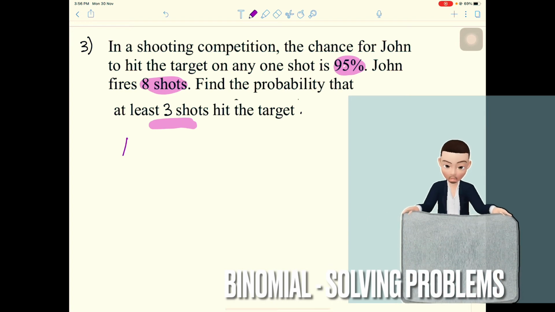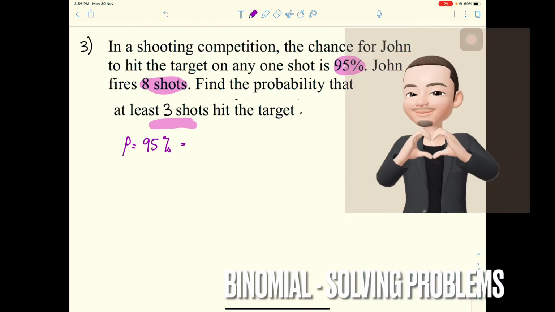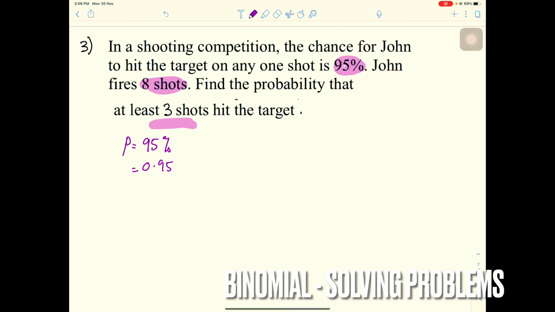P equals 95% hit the target, converted to decimal 0.95, and q equals 1 minus p, so equals 0.05, and n equals 8. The key point here is at least 3, which means greater than or equal to 3.